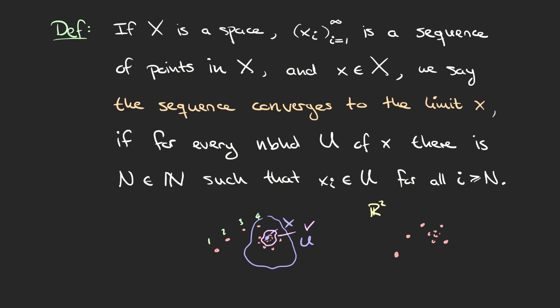And we're saying that for every epsilon, if we take an epsilon ball around the limit, then there has to exist an index such that for any larger index, all the members of the sequence lie within that ball of radius epsilon. Now, the definition we just gave in terms of arbitrary neighborhoods may seem more general, but in fact, for the case of Euclidean space, these definitions are actually equivalent.